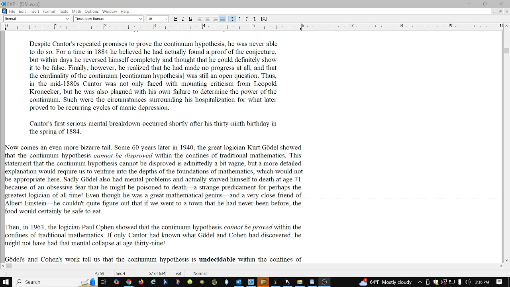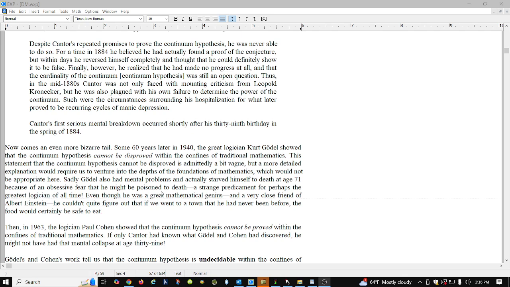In 1963, 23 years later, a logician named Paul Cohen, also a great logician, at Stanford, showed that the continuum hypothesis can't be proved within the confines of mathematics. So the continuum hypothesis cannot be disproved, and it cannot be proved.